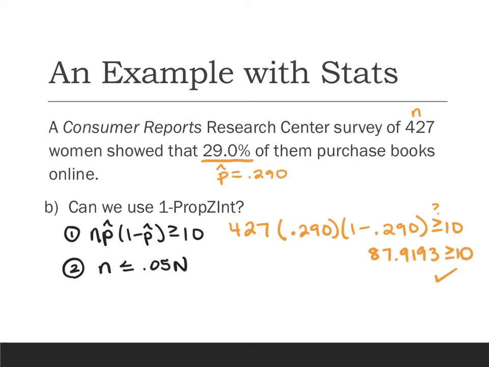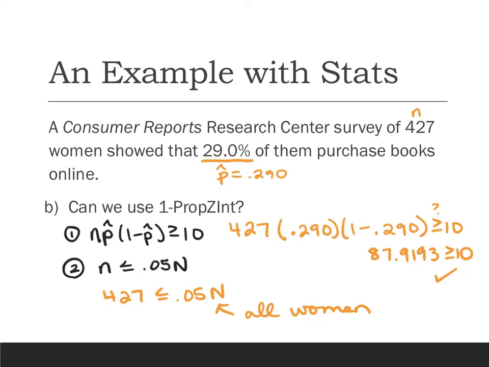Then the next thing is we need to make sure that our sample size, 427, is less than or equal to 5% of our population. So this is going to be all women. So I feel that I can be fairly confident that we have a very small sample of all women who purchase books, perhaps, or just all women in general.